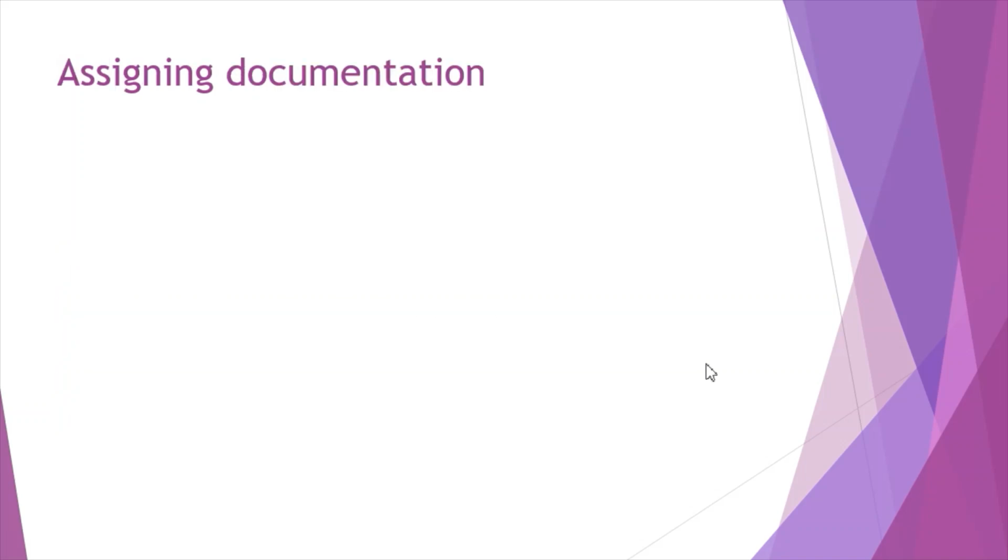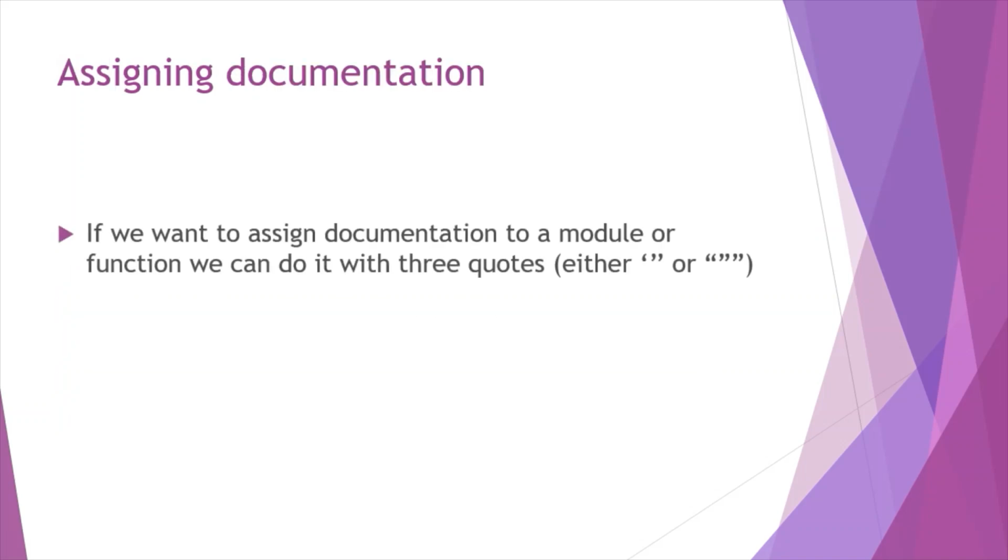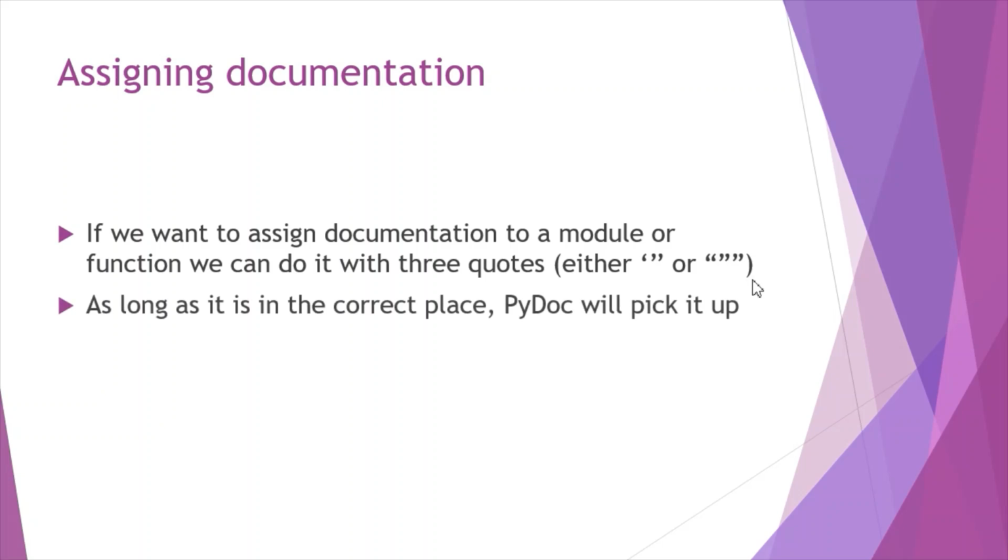So a bit about assigning the documentation. If we want to assign documentation to a module or function, we can do it with 3 quotes. We can do it with the single quotes or the double quotes. Either one is fine. As long as it's in the correct place, pydoc will pick it up.